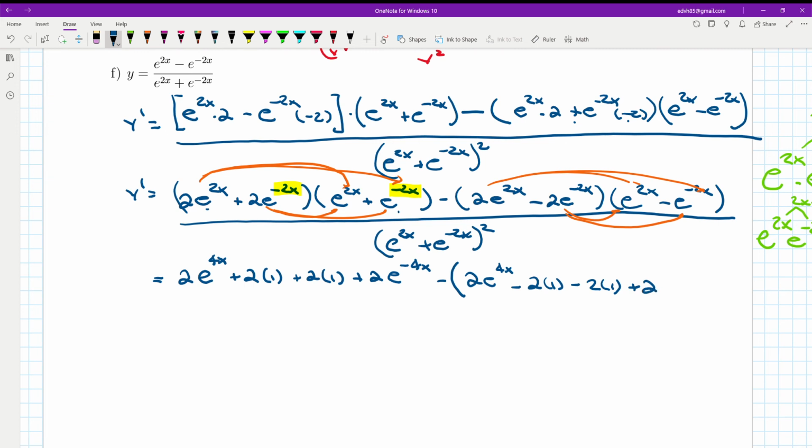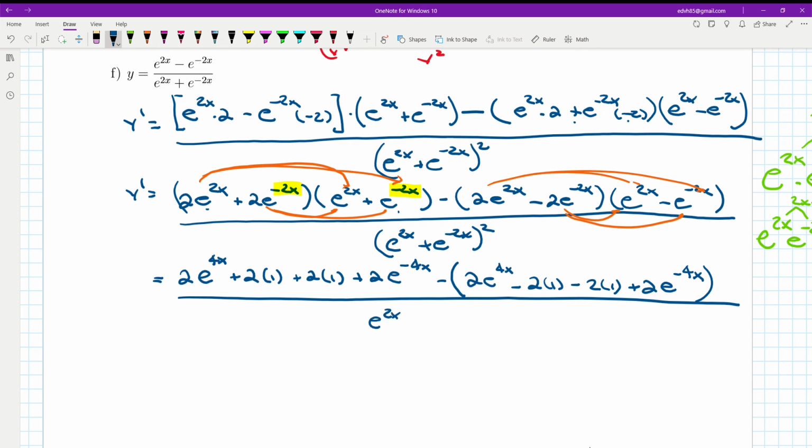And then minus minus, which is plus 2e to the negative 4x, and then let's divide the whole thing by e to the 2x plus e to the negative 2x quantity squared. Let's combine like terms. Notice how 2e to the 4x cancels 2e to the 4x over here, the same way 2e to the negative 4x cancels 2e to the negative 4x over here.